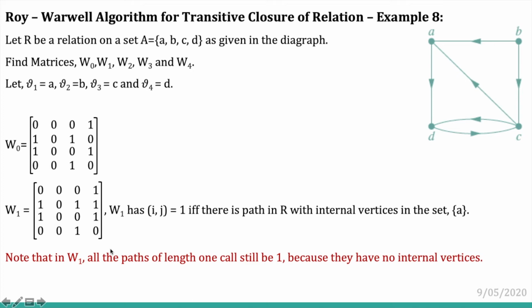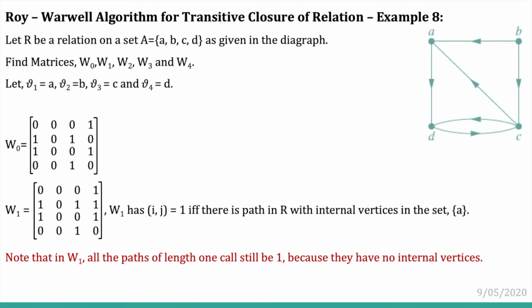Also, it is important to note that all the ordered pairs in this graph which are connected by the path of length 1 are also represented by 1 at their corresponding places in W1. This is because they do not have any internal vertices, and therefore they fulfill the condition that if having a path, the internal vertices must belong to the set of A.